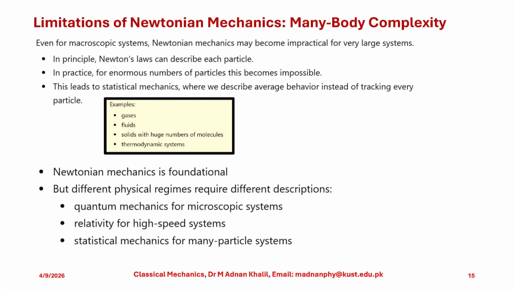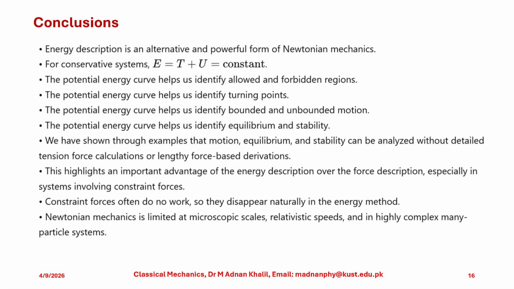For example, quantum mechanics for microscopic systems, relativity for high speed systems, and statistical mechanics for systems with huge number of particles. In this lecture, we saw that the energy description is an alternative and powerful way of studying motion. For conservative systems, the total energy is the sum of kinetic energy and potential energy, and that remains constant. The potential energy curve helps us identify allowed and forbidden regions, turning points, bounded motions, unbounded motion, equilibrium and stability.